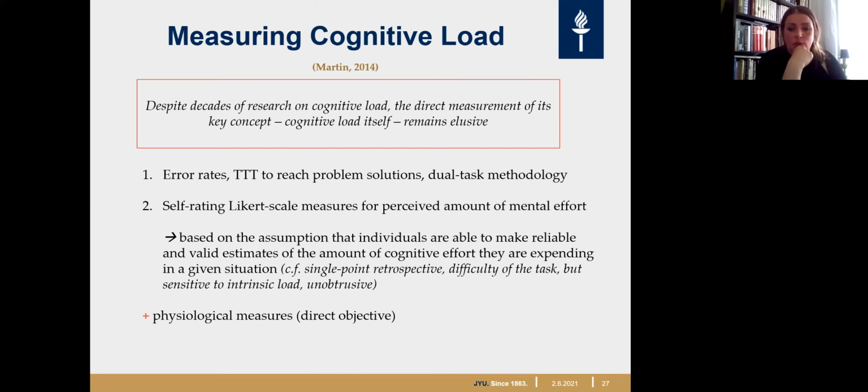Then there's also the problem that, if we do this kind of way of measuring, are the participants really assessing the cognitive load they experience, or is it the cognitive load of the difficulty of the task? So there's that kind of bottom-up, top-down confusion sometimes also occurring.